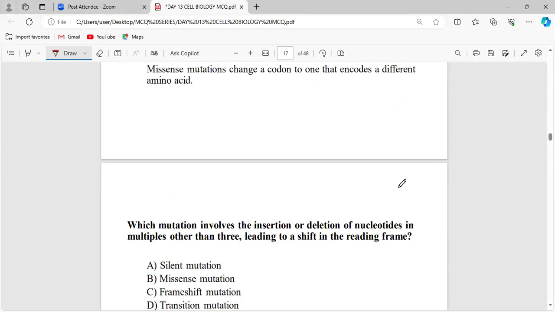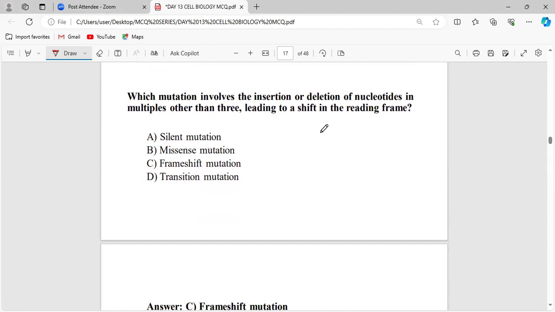Which mutation involves the insertion or deletion of nucleotides in multiples other than 3, leading to a shift in the reading frame?